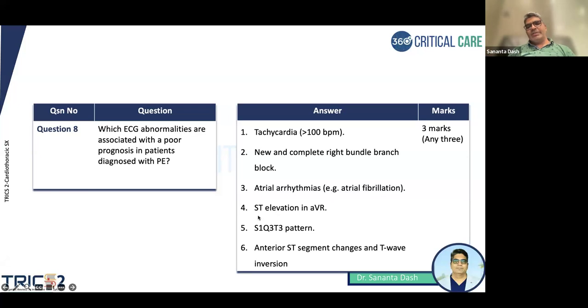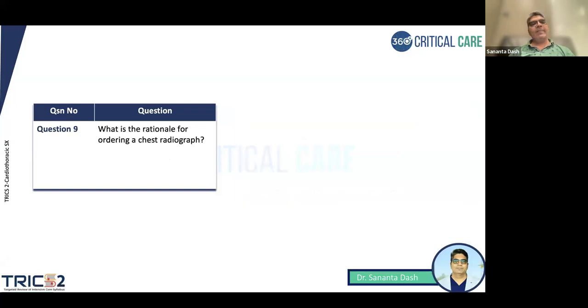Around 20% of patients may show you the S1Q3T3 pattern, which is not diagnostic, not prognostic, but it is seen in 20% of the cases. There may be anterior ST segment changes and T wave inversion because that corresponds to the right part of the heart, right? So any of the ECG abnormalities can be there, and they represent a poor prognosis also.